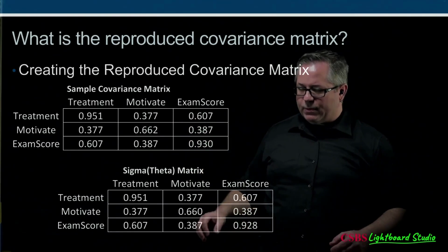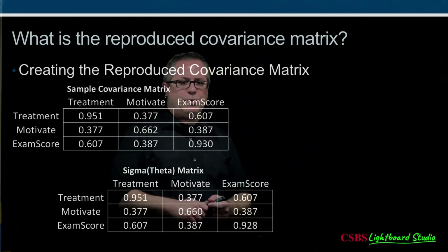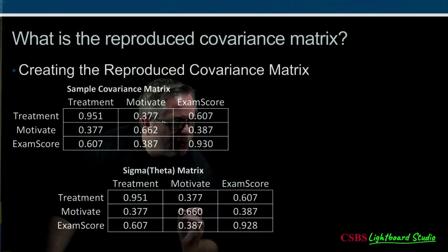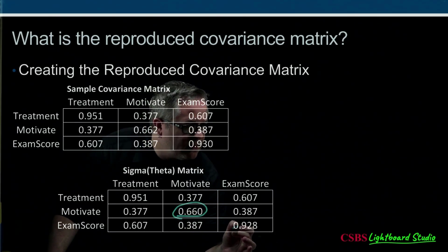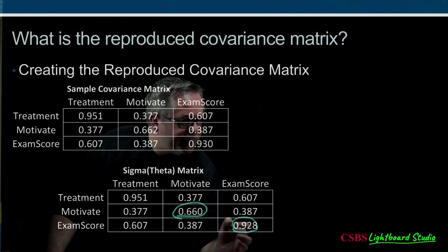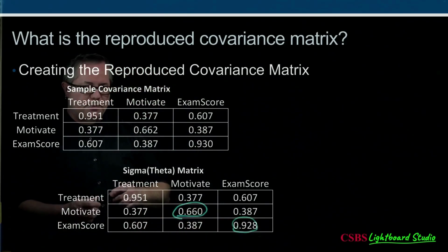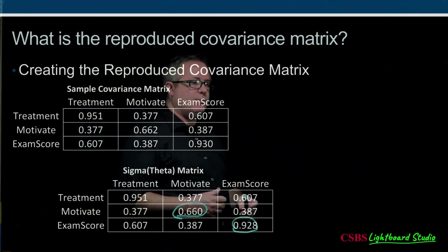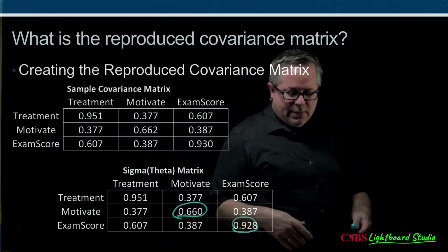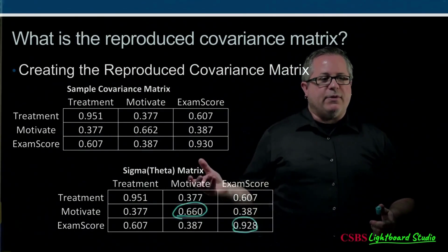What you notice is a couple of things. Everything comes up pretty well, except for this one, right? And this one, they're a little bit off. And that's not an issue with the estimation procedure. At least I don't think so. It's just rounding. We did everything to 3 decimals.